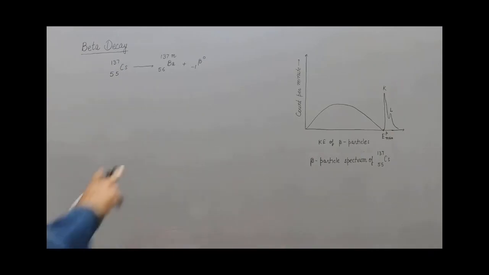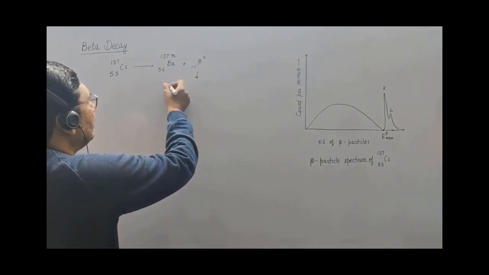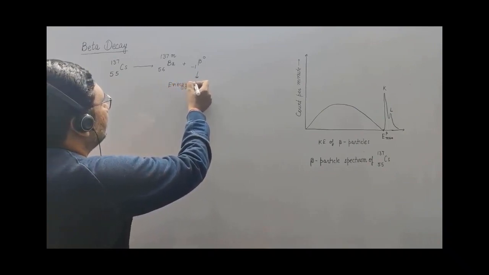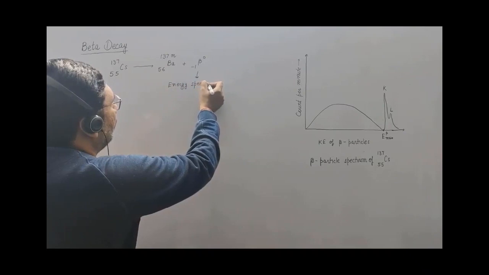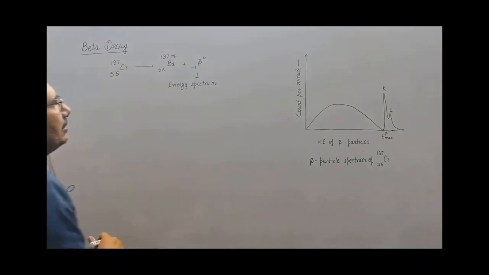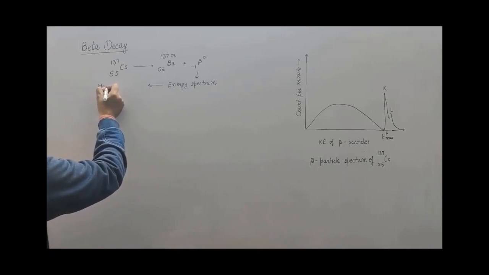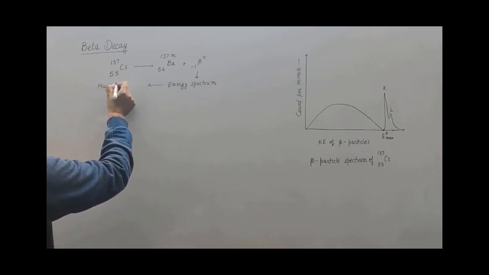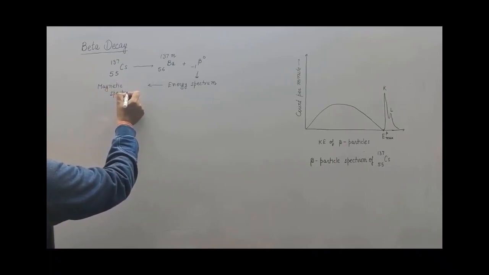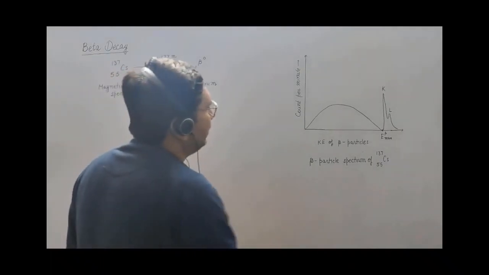If one observes the energy spectrum of these emitted beta minus particles with the help of a magnetic spectrometer, then we get this type of energy spectrum.